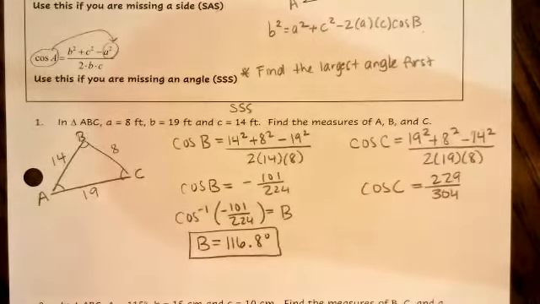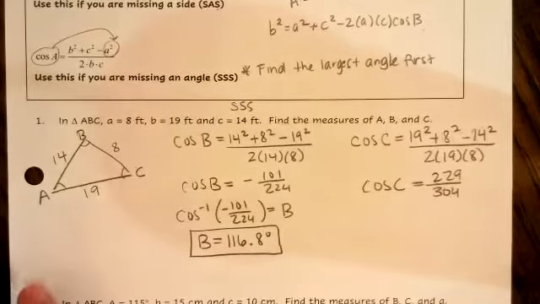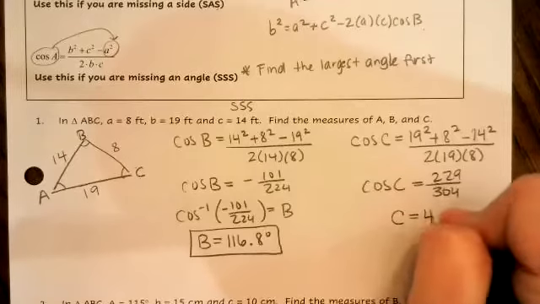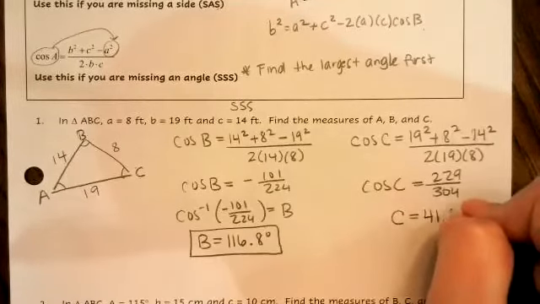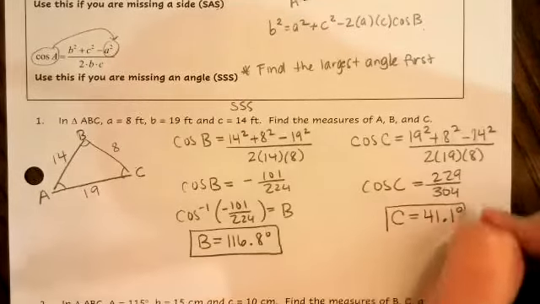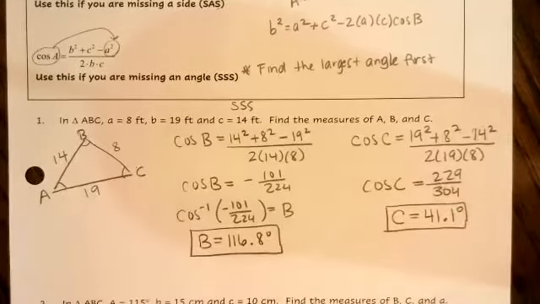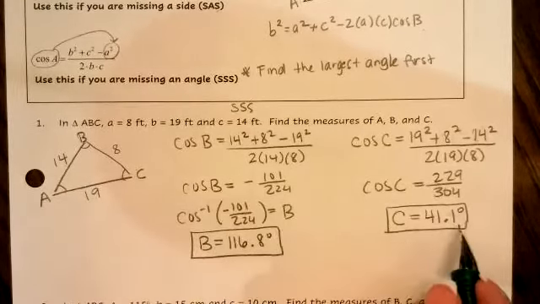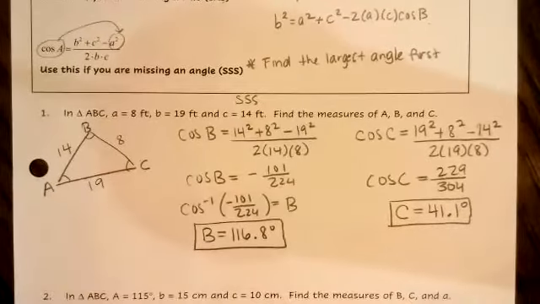We do our inverse, and so we get our C angle is 41.1 degrees. Again, I kept that 1 decimal because it is a degree. So angles are 1 decimal.